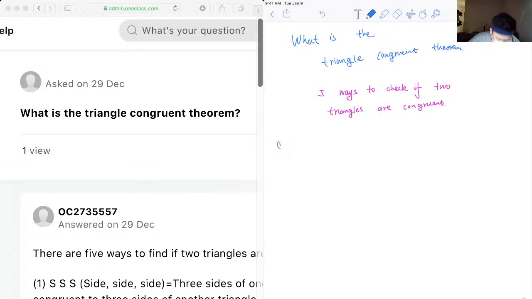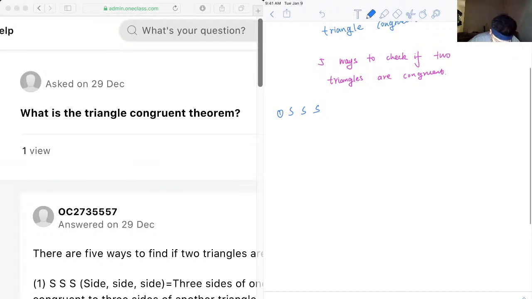The first one would be through what we call SSS, which stands for side, side, and side.